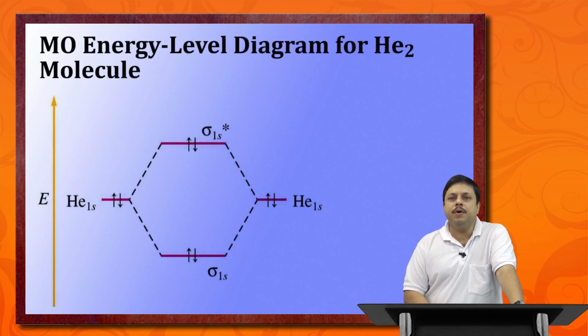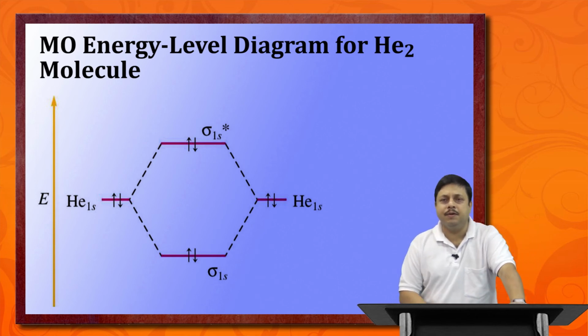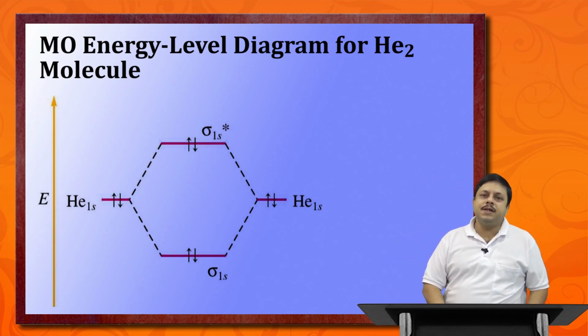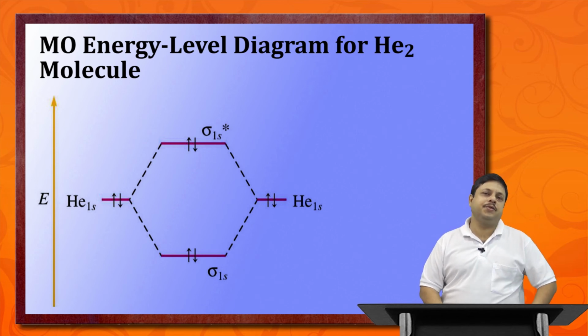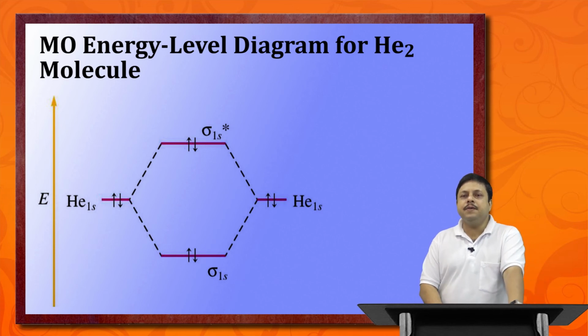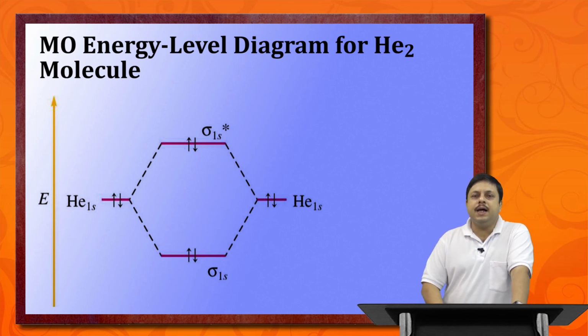If you keep on filling up like this, this is the case for the He2 molecule. Now, this is a curious example. Helium in its atomic state has the 1s2 electronic configuration. So, this is the first atomic helium, this is the second atomic helium. Once the molecular orbitals form, there are two molecular orbitals, one bonding and the other antibonding.